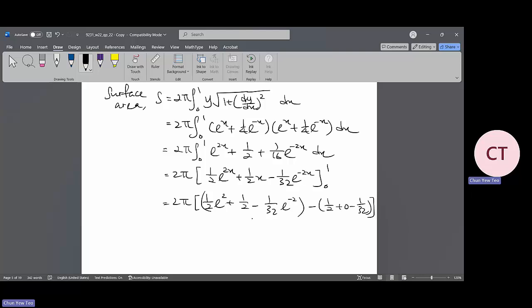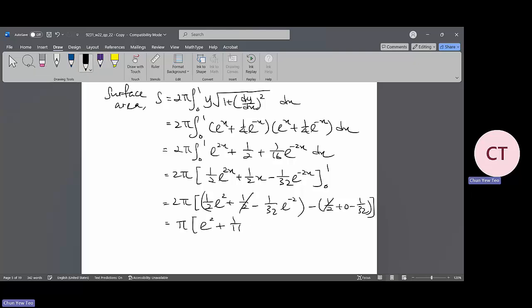Okay, so just expand, simplify. We just want to leave the answer in terms of pi and e. So you will get this one as the e². This one cancels. No more e, no more half. So it will be plus 1 over 16, a constant. I put it at the back, but it doesn't matter. Actually, we just follow the sequence.